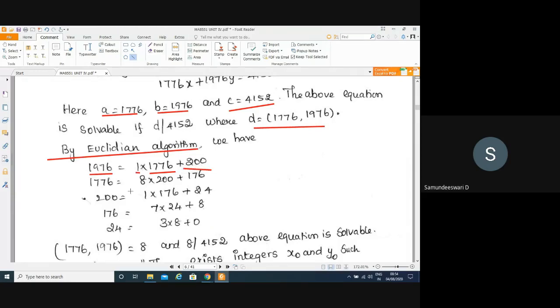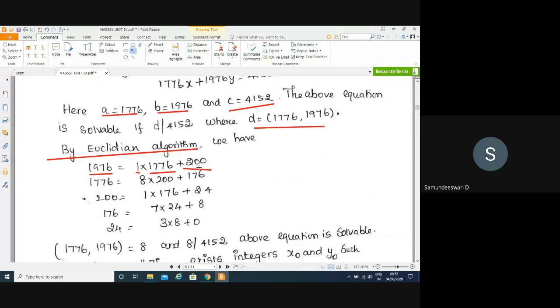You have to write that in the format dividend equal to quotient into divisor plus remainder. This is the dividend, 1 is the quotient, 1776 is the divisor and 200 is the remainder.